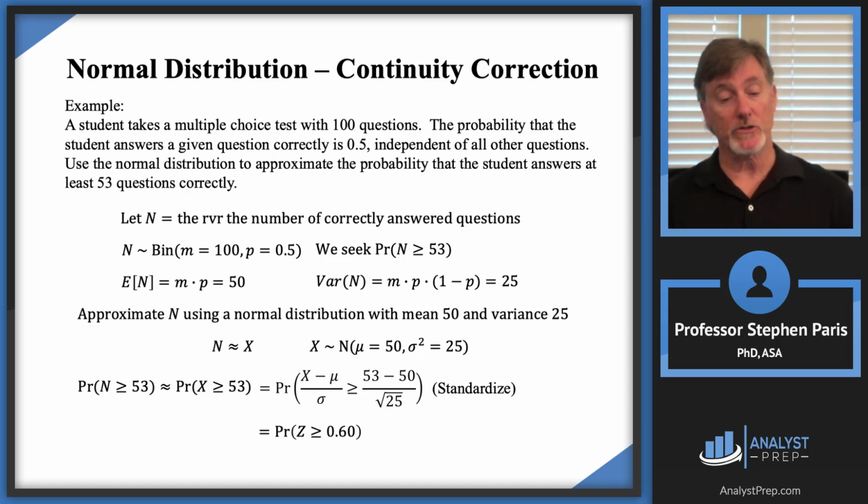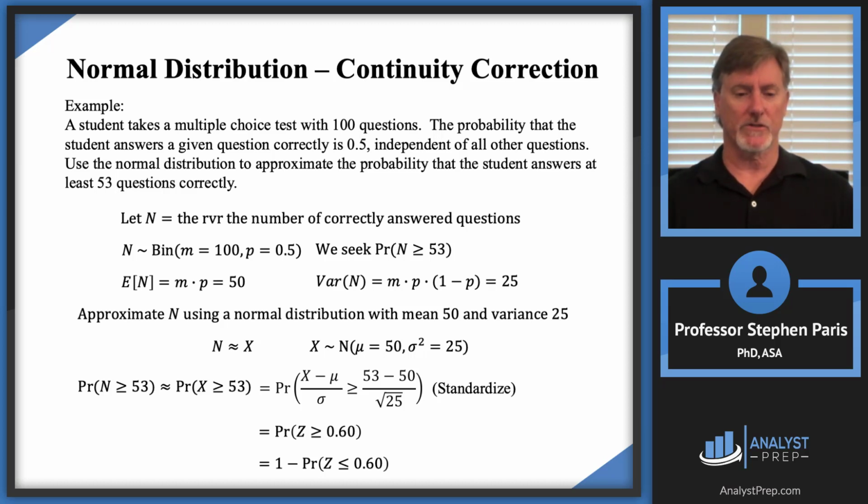Now again, to use the values in the table, I need probabilities that capital Z is less than or equal to a positive value, but I can use complementary events to say that the probability that capital Z is greater than or equal to 0.6 is 1 minus the probability that capital Z is less than or equal to 0.6.